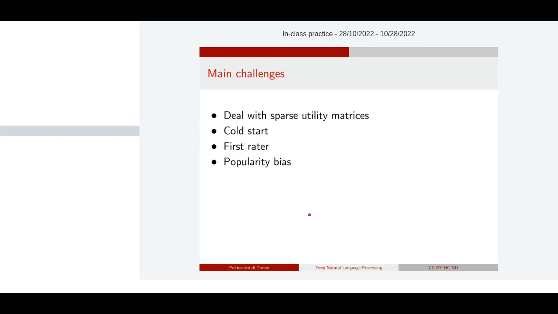Of course, as a user, you can explicitly rate an item when you have, for example, purchased a book, stayed at a hotel, or gone to a restaurant. You can rate it and give your feedback, your preferences.